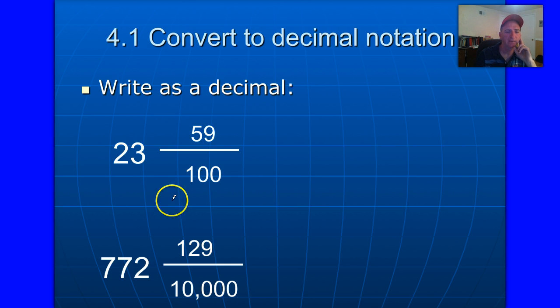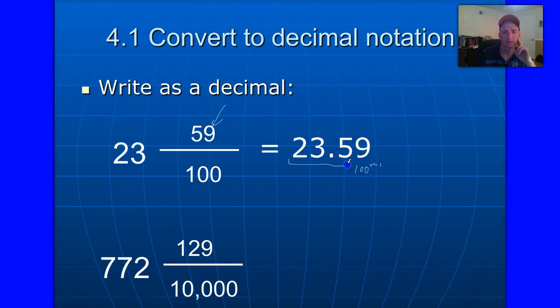Okay, here's another one. So 23 and 59 100ths. Okay, so that 9 has to go in the 100th place. So you just put the 9 in the 100ths, and then you write down the rest of the number right there. Same thing right here. This is an interesting one though. The 9 has to go in the 10,000s place. Well, let's look at what happens here. 10th, 100, 1,000, 10,000s, right?